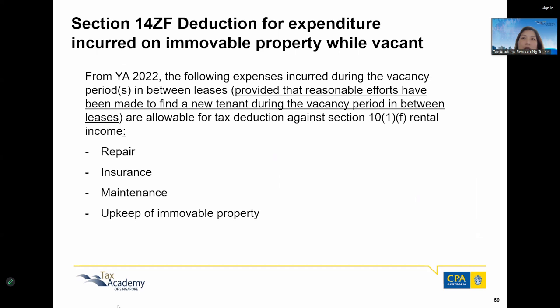That means it's not like the landlord didn't actually actively look for new tenants. So if the landlord is actively looking for new tenants and that this is just during a short break of time that the property is left vacant, it's allowable for deduction under section 14ZF. Okay, that is for YA 2022 onwards. Okay, the condition is there must be reasonable efforts made to find new tenant during the vacancy period in between leases.